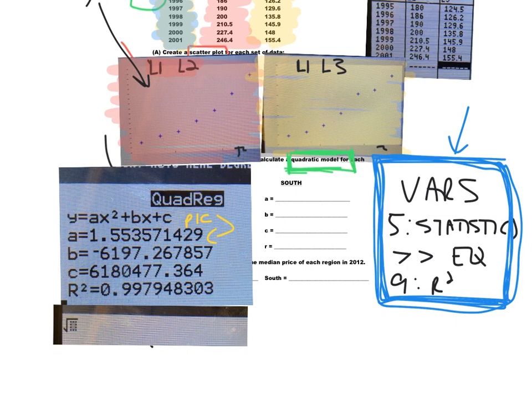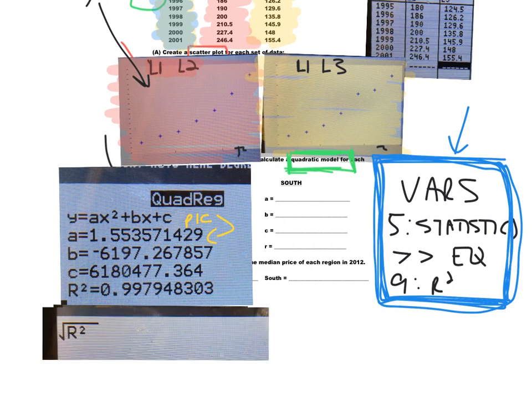Press enter. Your calculator should then look like this. You're telling your calculator to do the square root of R squared. Press enter, and then your calculator should look like this.